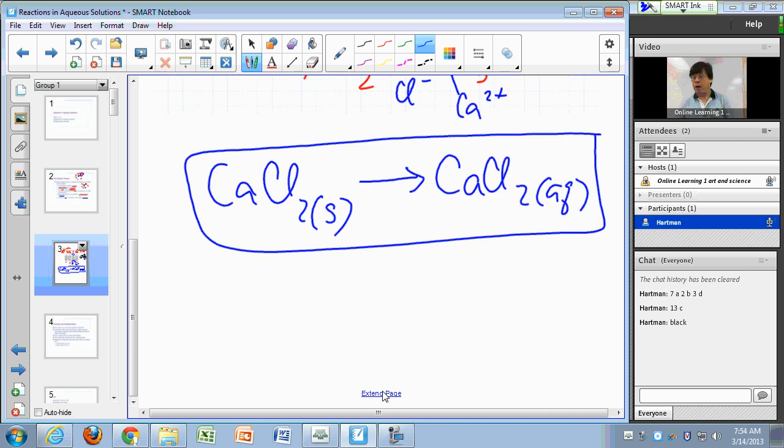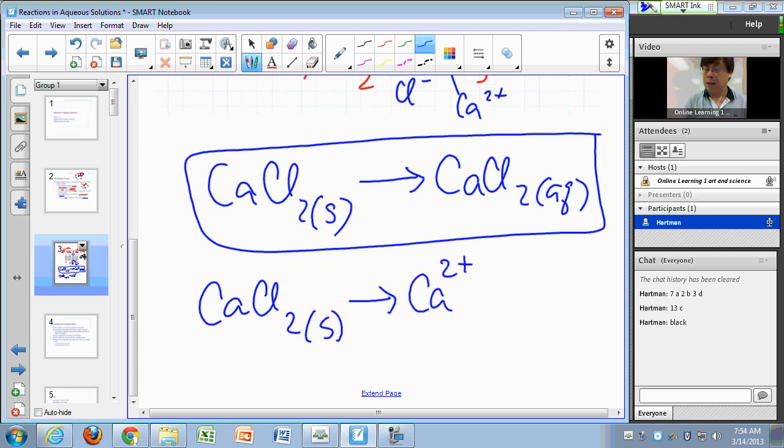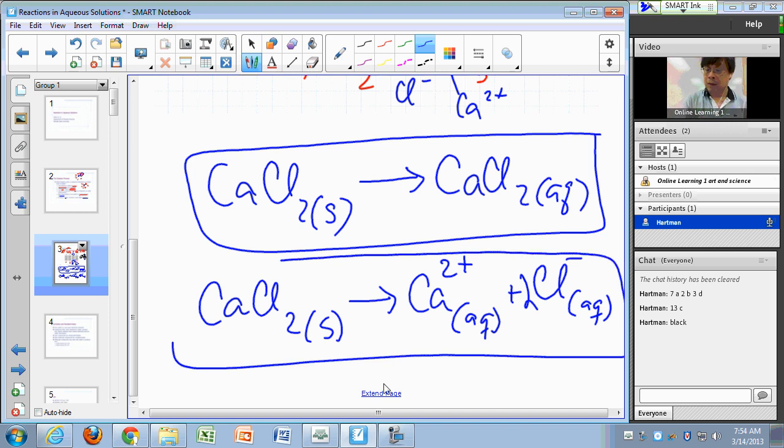So a more accurate or a much better way of representing what actually happens is to say your calcium chloride solid is dispersed in water. So it will give you calcium ions, aqueous, plus two chloride ions, aqueous. Okay? So both of these represent the dissolution of calcium chloride in water. This first one right here is what we would call our molecular equation. The second one here is what we call our ionic equation.